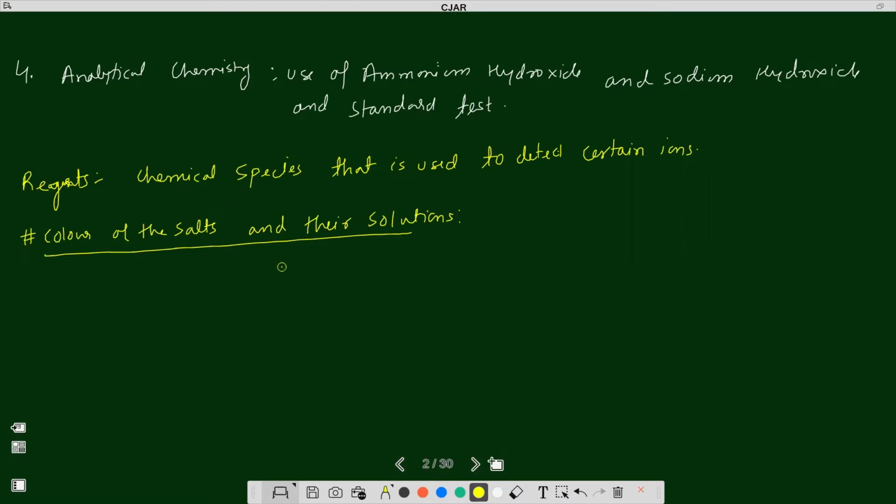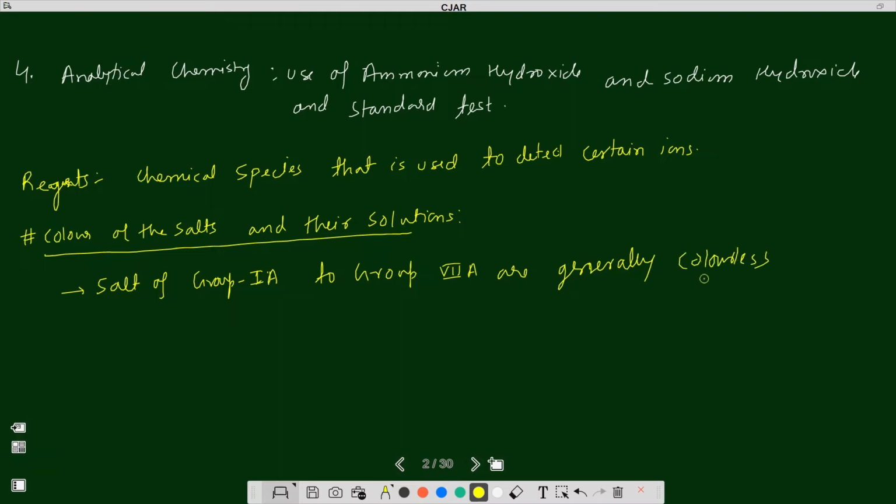So if you refer to the salts of representative elements, or you can say normal elements, or salts of group 1A to group 7A, they are generally colorless.